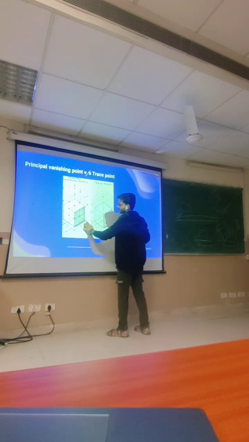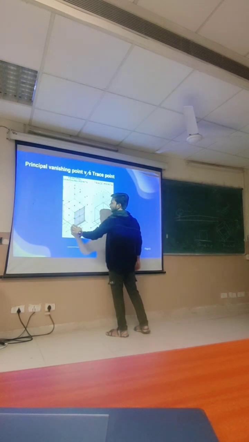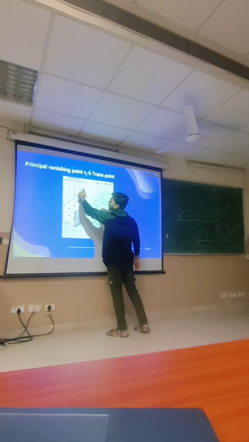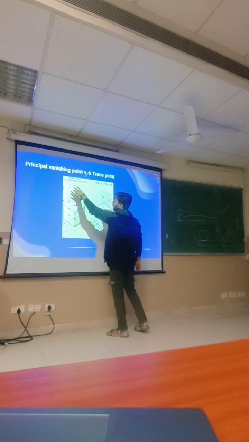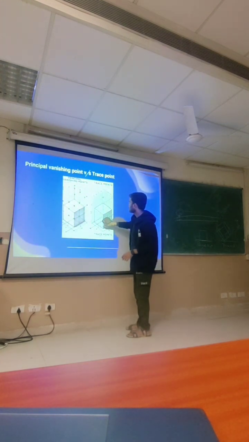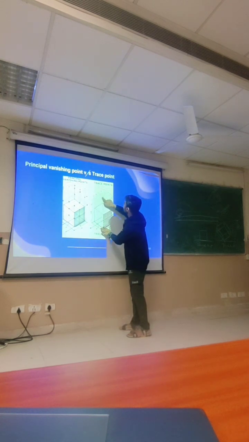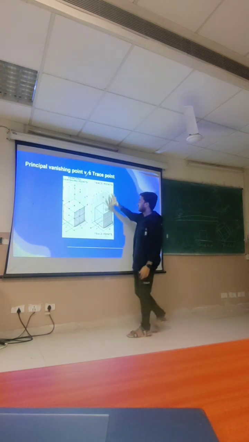Here this is the x-axis and this is the y-axis, and this object is parallel, and we can see that all the vanishing points are parallel to the main axis. It means it is a principal vanishing point. Here this is the x-axis, this is the y-axis, and all these vanishing points are tilted to the main axis. It means these points are trace points.